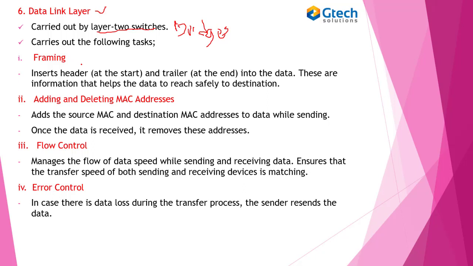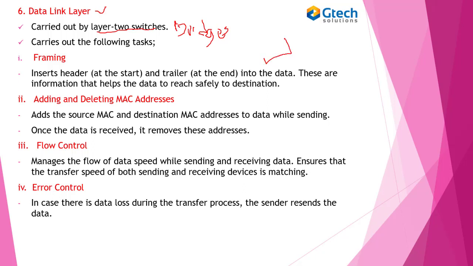Framing is just a way of inserting a header at the start of the data and a trailer at the end of the data. The header and the trailer contain information which helps the data reach its destination.